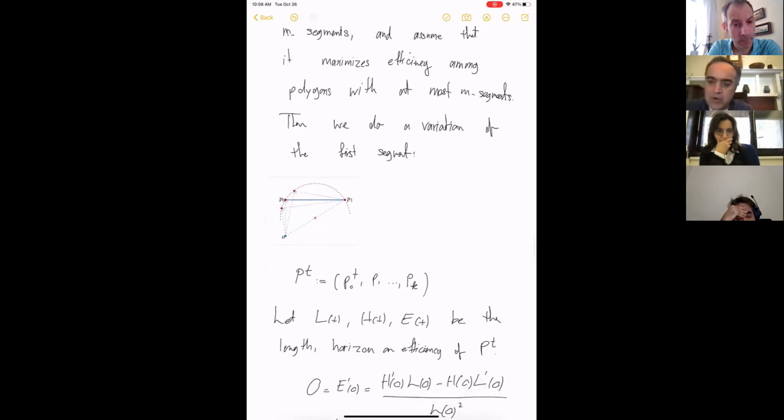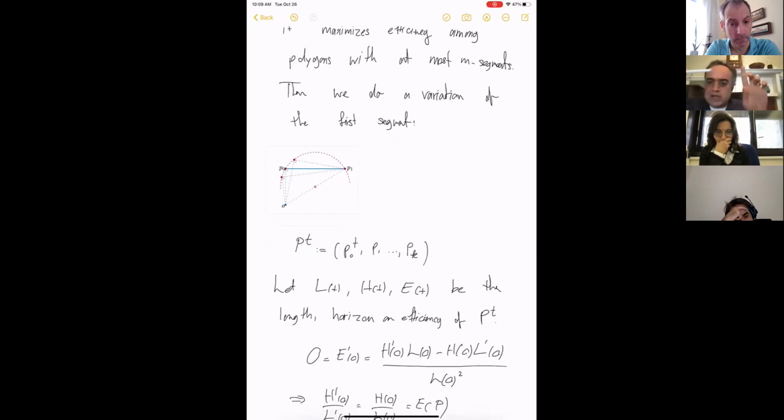Now I'm going to compute the total length for this variation. All the other segments are fixed, so it's only your first segment that changes. What matters is the rate of change in the length and the horizon of the first segment, and efficiency is determined by those.